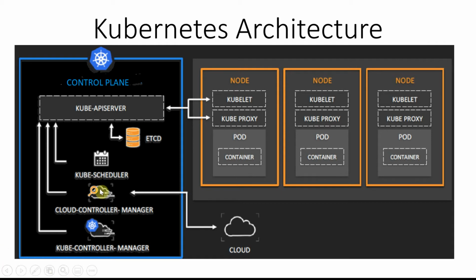This module within the master will talk to the respective modules within the cloud. For example, if you're using GCP, which is Google Cloud, this module will ensure that all these virtual machines are created on Google Cloud. Similarly, for Azure it is Azure virtual machines, and for AWS it's AWS virtual machines or EC2s.